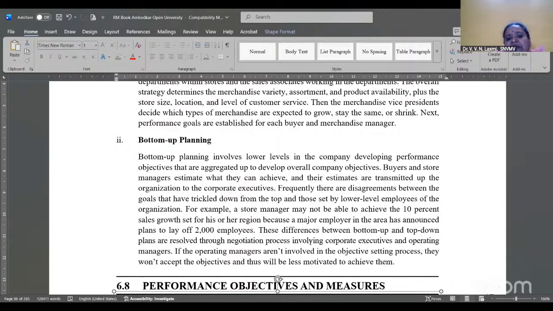The main problem in this bottom-up plan is, because it is the employee who has to achieve the target, there is always a possibility that the employee will put the target a little lesser than what he or she can actually achieve. But because it is the target set by themselves, employees and stores may show more commitment towards achieving those targets when compared to the top-down approach.